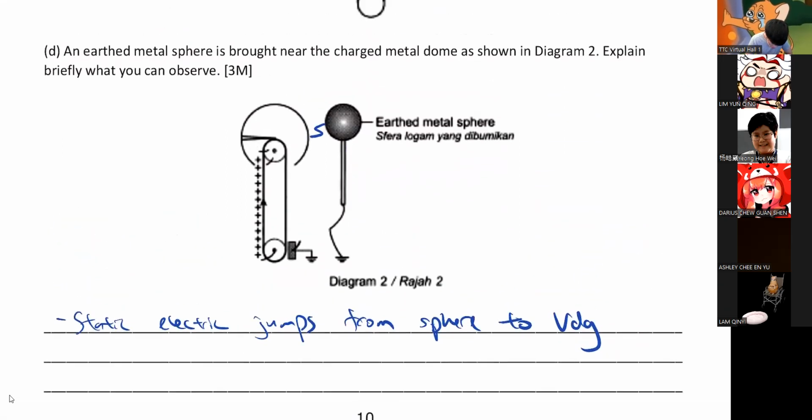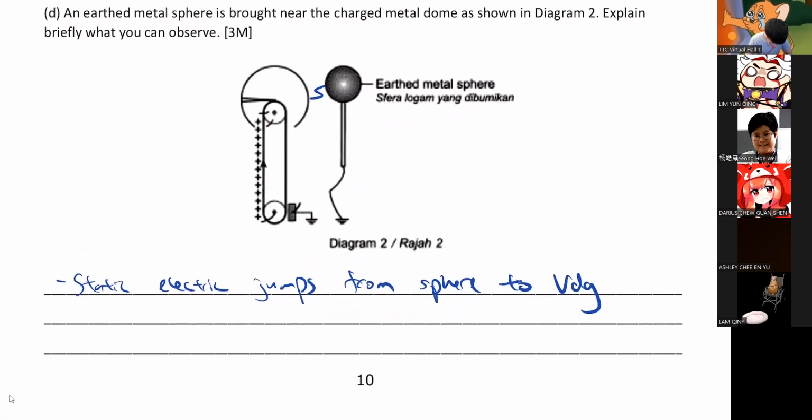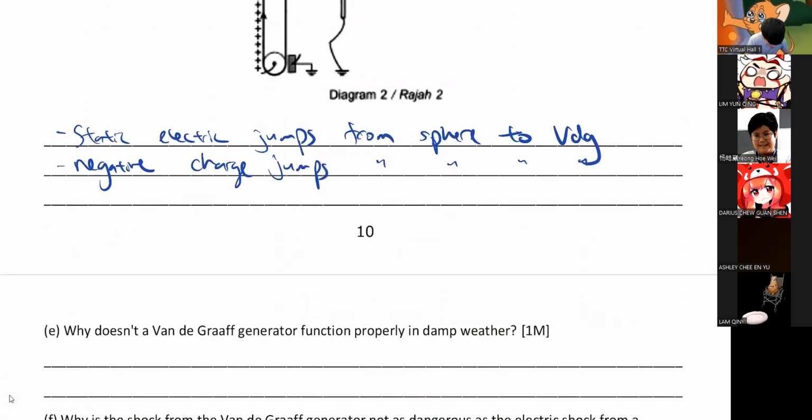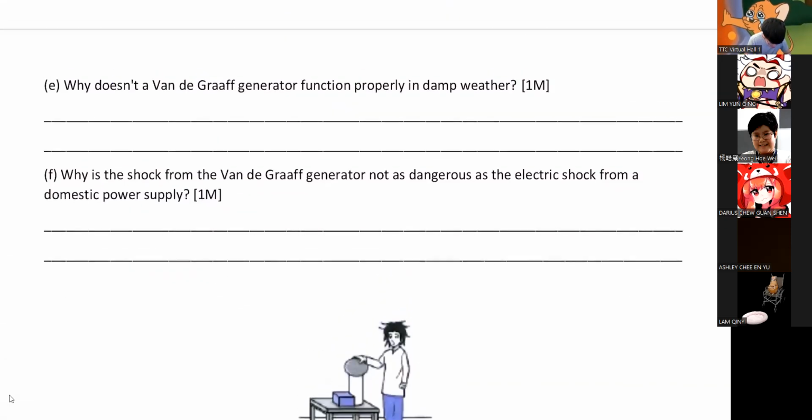Sorry, static jump. So explain. So you can say negative charge jumps from sphere to VDG, same thing. Because this is negative, this will jump here. Okay, you know what? I don't wanna talk too much about this. It's okay because we already do this like last week.